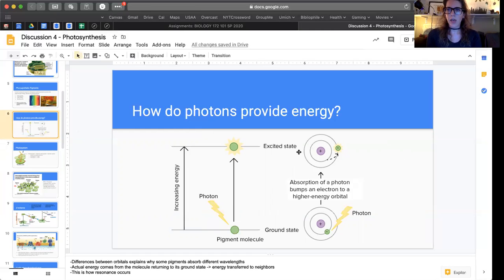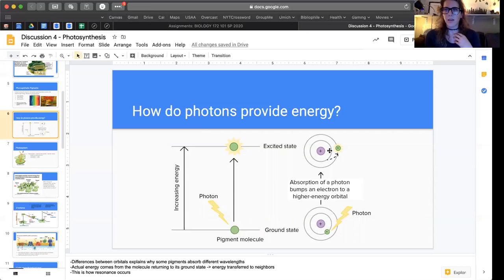Now, the actual energy isn't coming from the contact of the photon with the pigment molecule itself. It's actually coming from when this excited electron in this high energy orbital falls back down to its natural state.